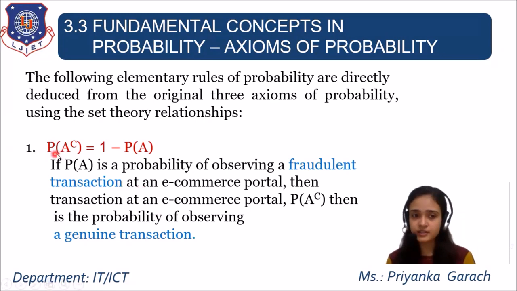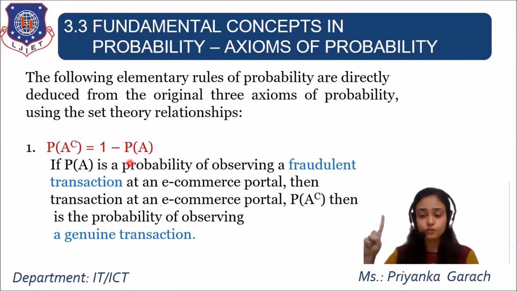The first one is the probability of A raised to C is equal to 1 minus the probability of A. Here A raised to C means the complementary event of A. Just for an example, I am considering online transactions. In online transactions, there are two different types of transaction: the first is the fraudulent transaction and the second is the genuine transaction.